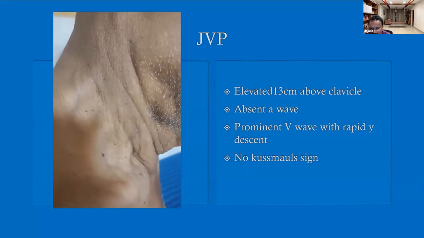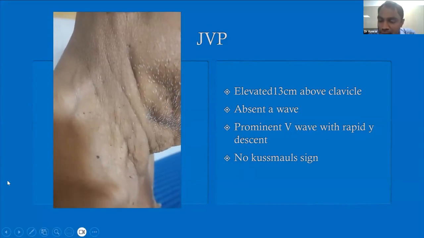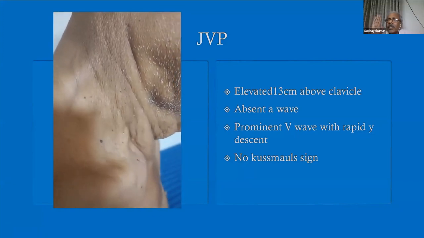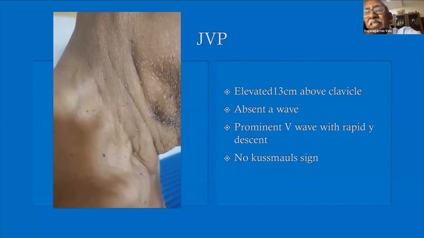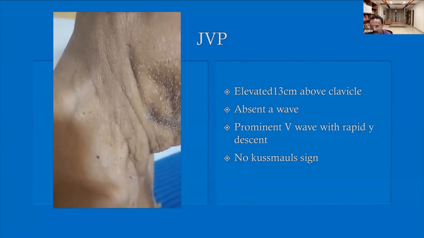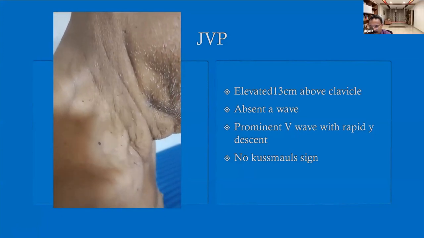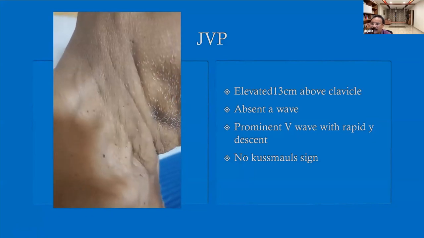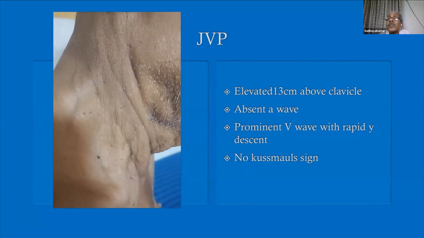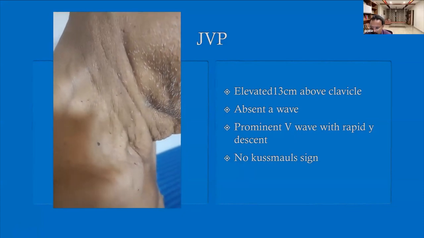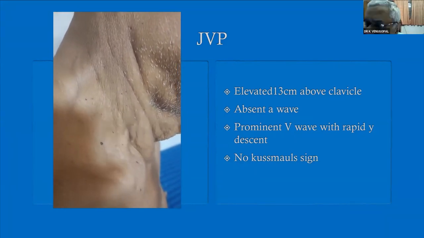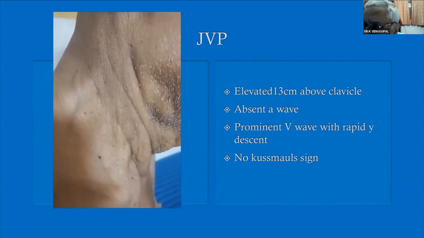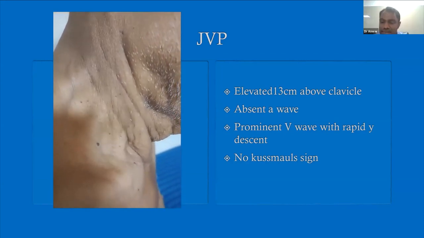In tamponade, you cannot get a prominent V wave. There is a prominent V wave and a prominent Y descent, which means it excludes one thing. Not tamponade, something else. Tricuspid stenosis.